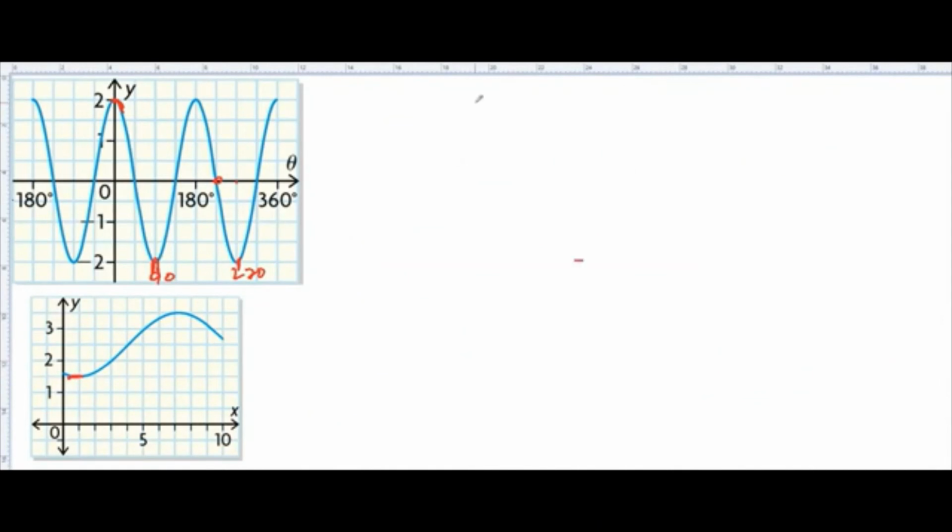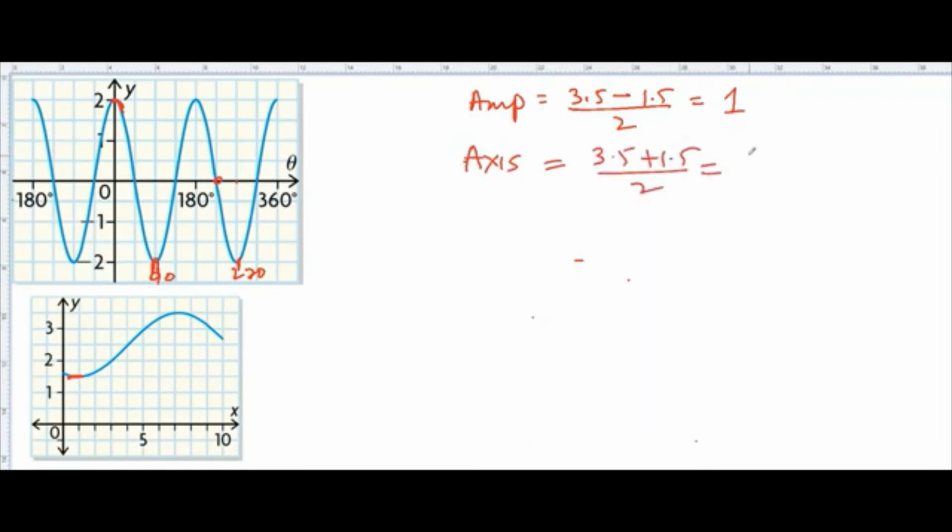So amplitude: maximum is 2.5 minus minimum is 1.5, divided by 2, which is 2 divided by 2, 1. 1 is your amplitude. Now axis, maximum plus minimum divided by 2, which is 5 divided by 2, 2.5.